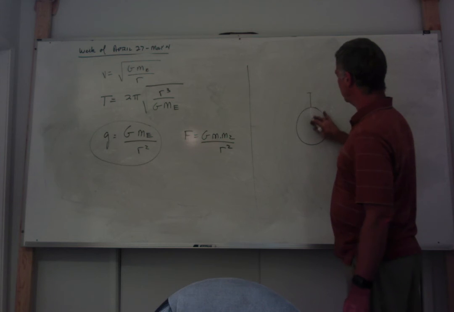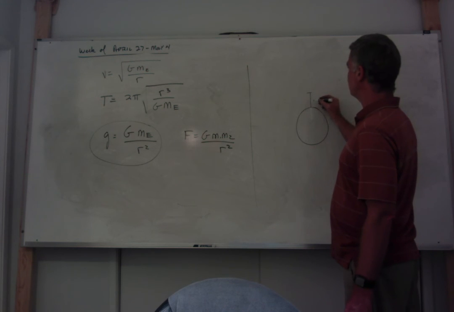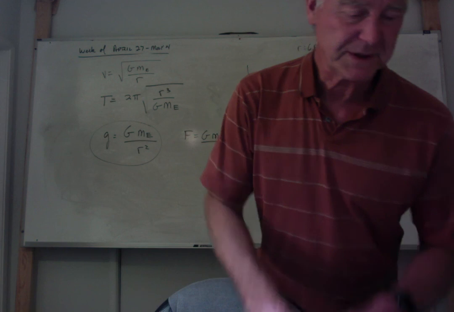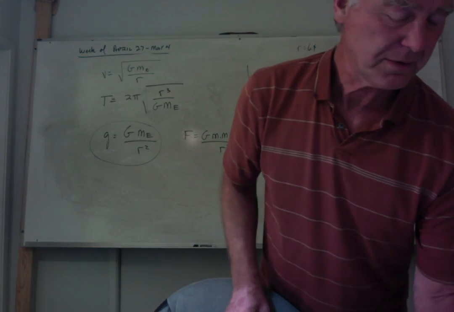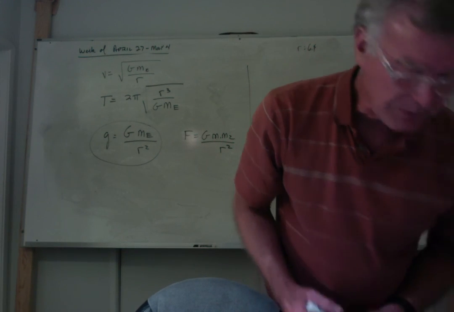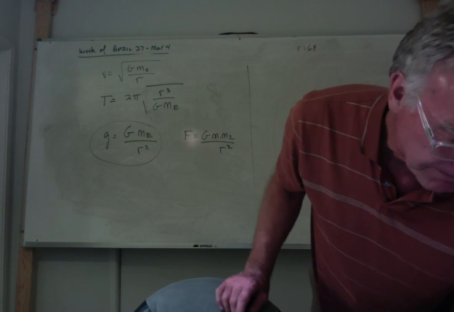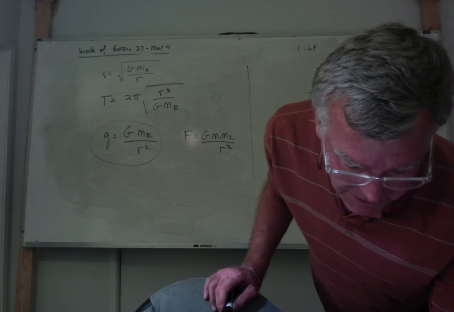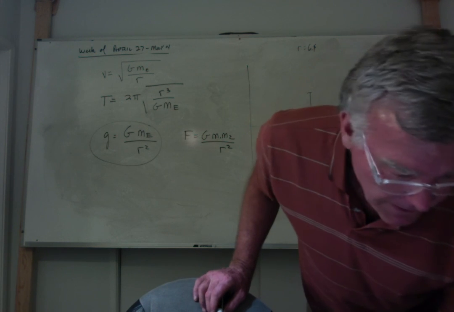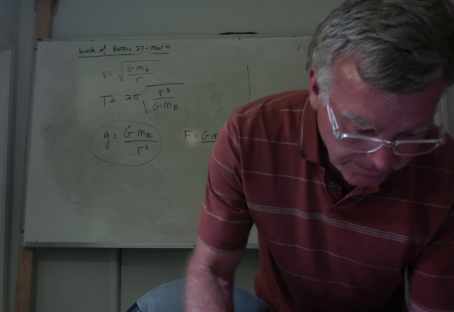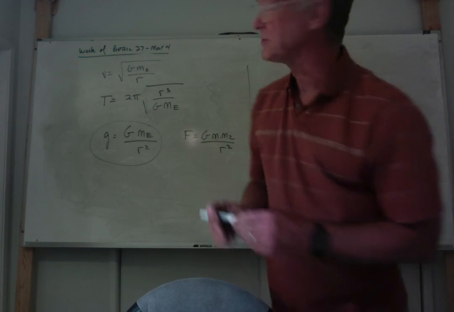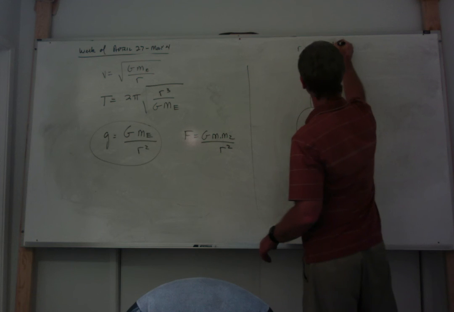Let's say it's orbiting the Earth at, by the way, the Earth's radius is, sorry about that, the Earth's radius is 6.4 times 10 to the 6 meters. That's what I wanted to say, 6.4 times 10 to the 6 meters.